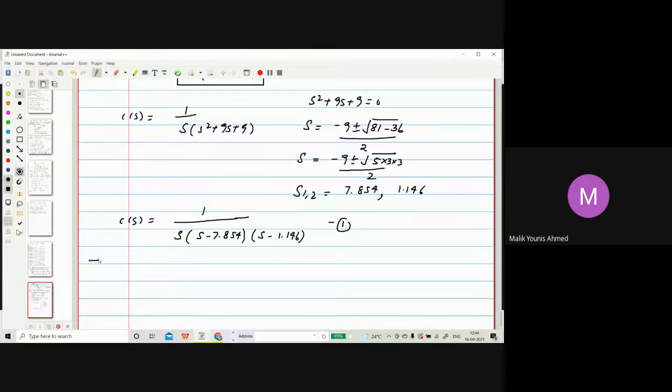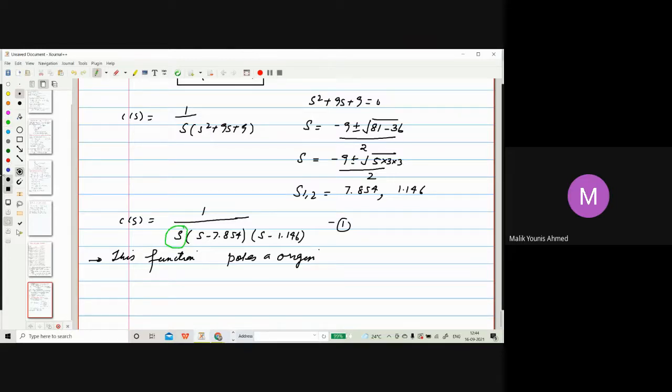Now, this function has a pole at origin. It has only pole, so this is a pole at origin.